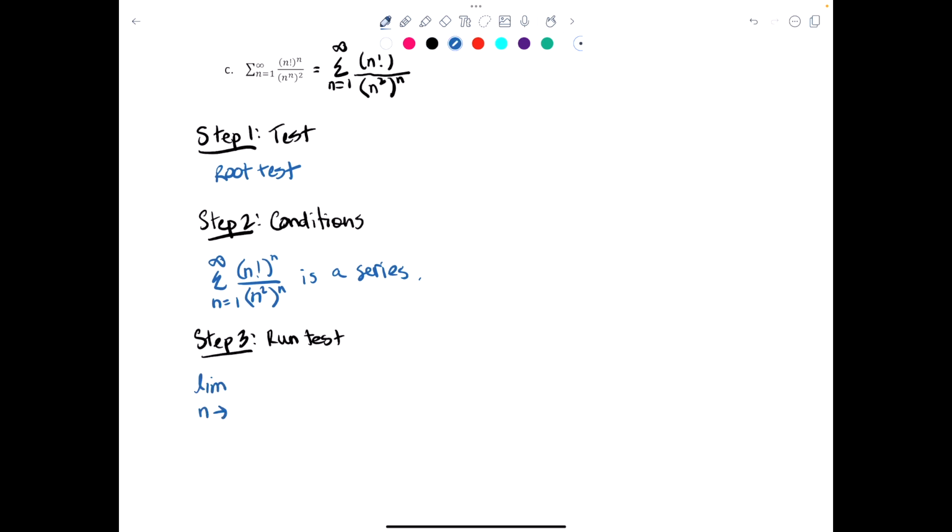And then now, step 3, we run our test. So we'll have the limit as n approaches infinity of the absolute value of the nth root of (n factorial) to the n over (n squared) to the n, which is equal to the limit as n approaches infinity of, we don't need the absolute value because we have all positive terms, so we'll just get n factorial over n squared.